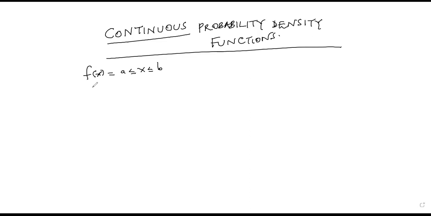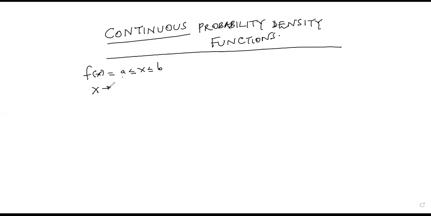Now here, x takes on any value within the given range. X can take on any value within the given range from a to b. So for your continuous function, continuous is the opposite of discrete.